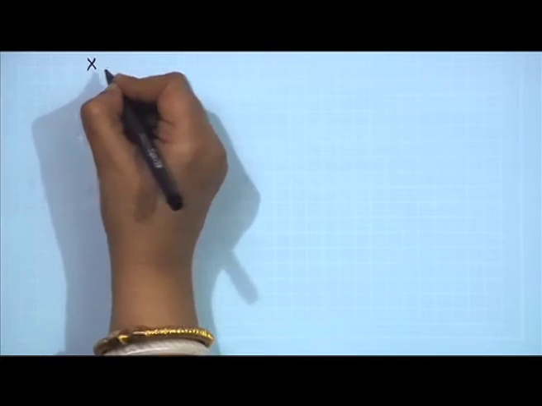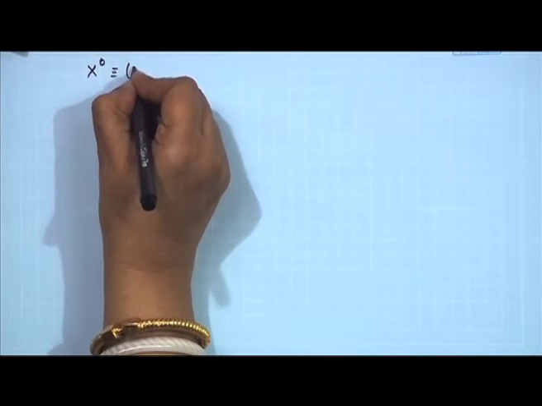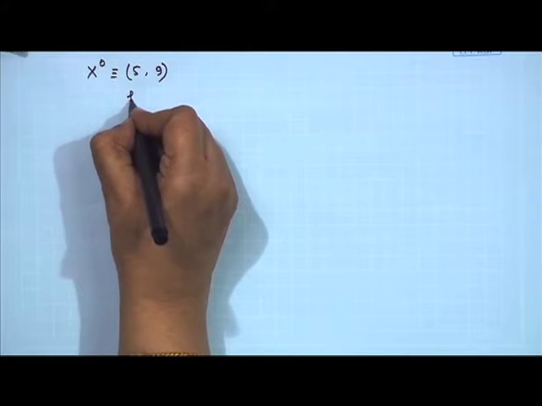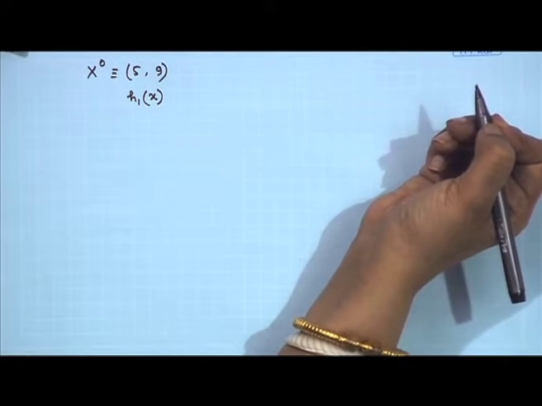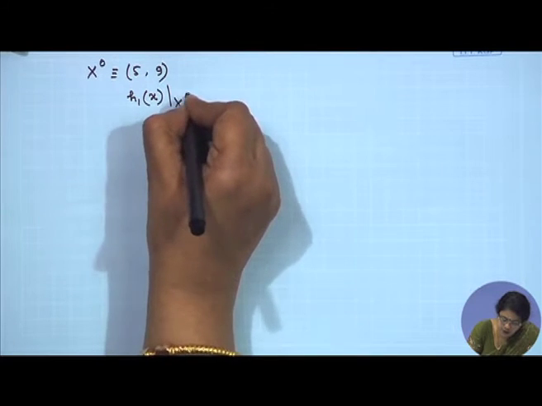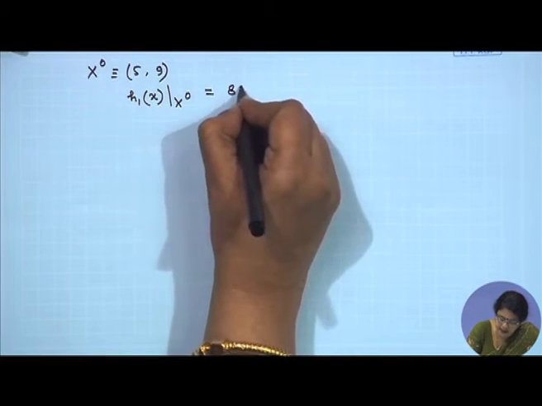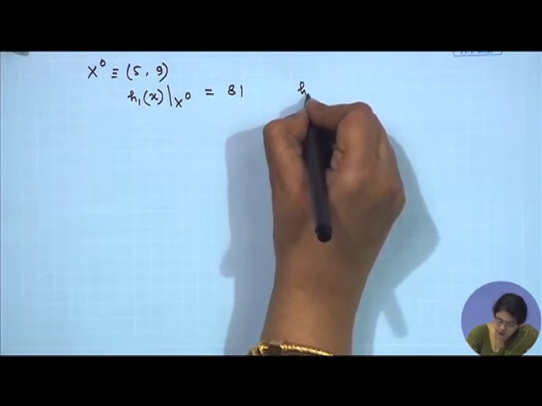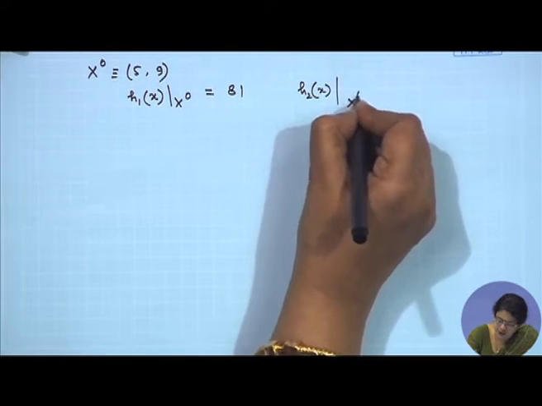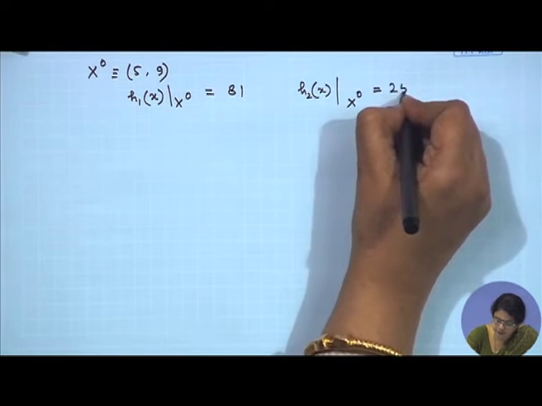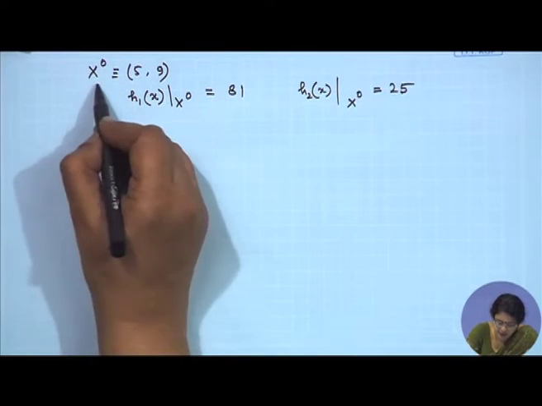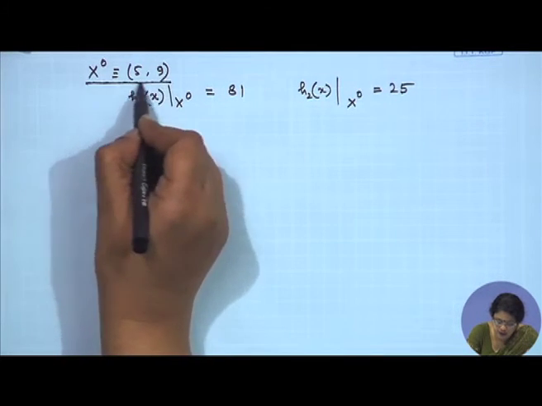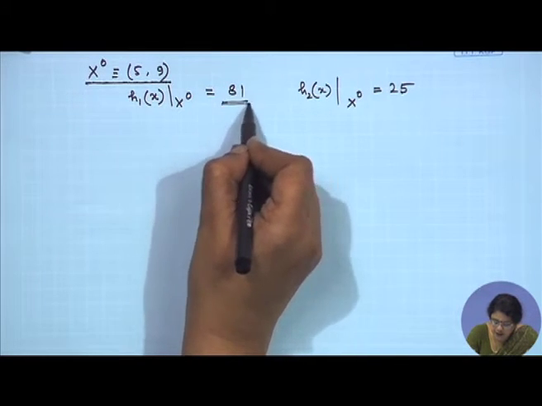We take x0 equal to (5, 9) and first see what h1(x) is at this point. h1(x) at x0 has the value 81, and h2(x) at x0 is 25. What is the meaning of it? It means that if I consider this as the optimal solution, then this much violation I have to accept.